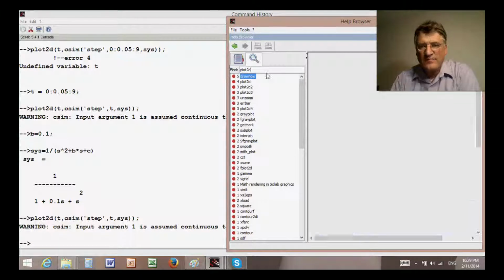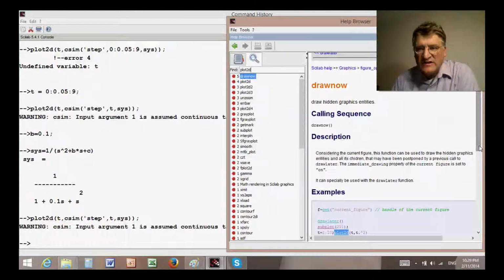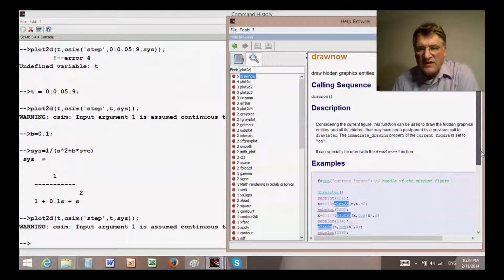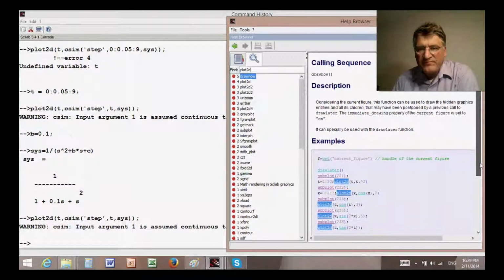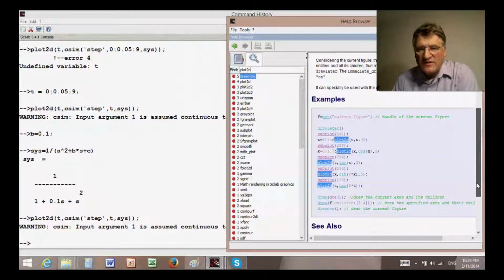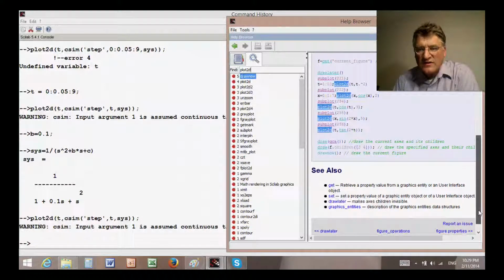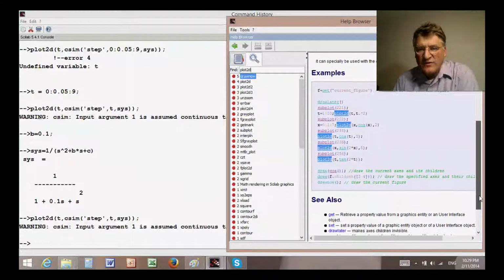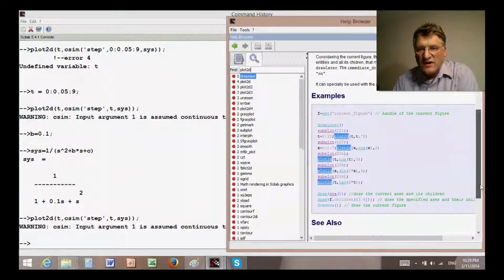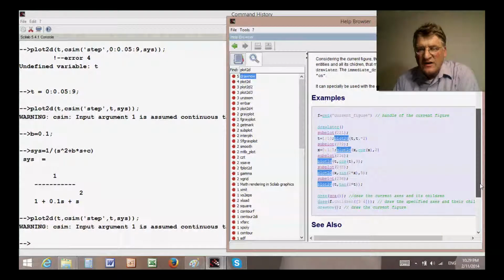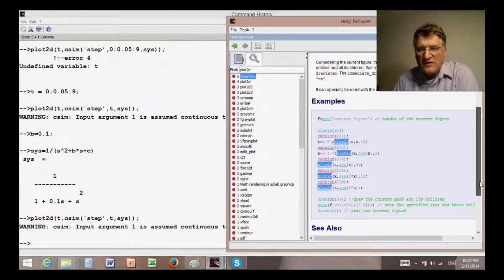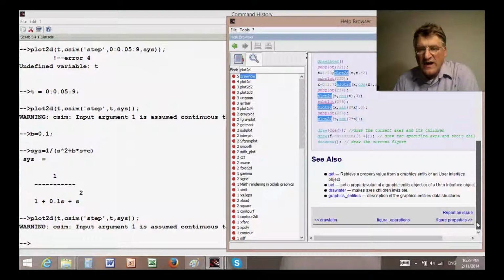Okay, so plot 2D. So we can use a different color. How do we do that?